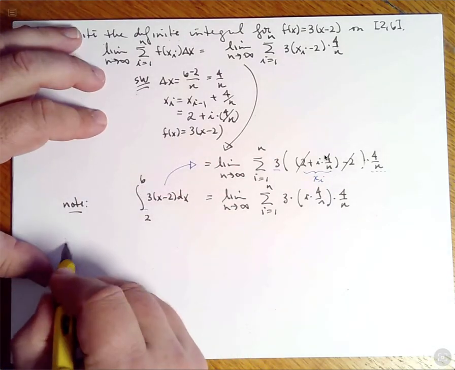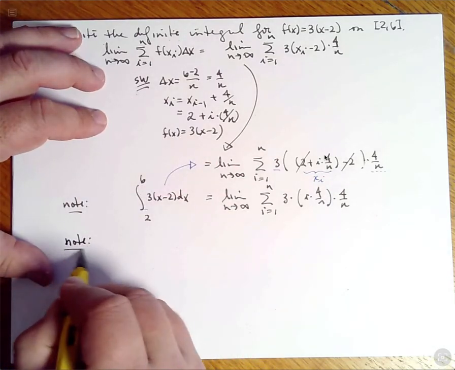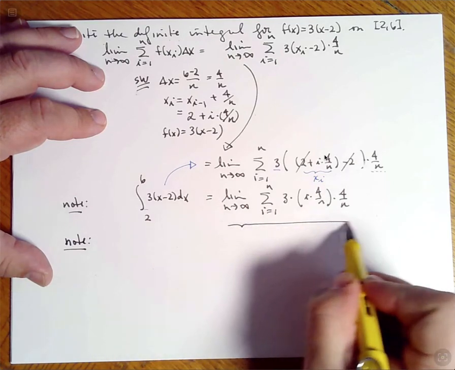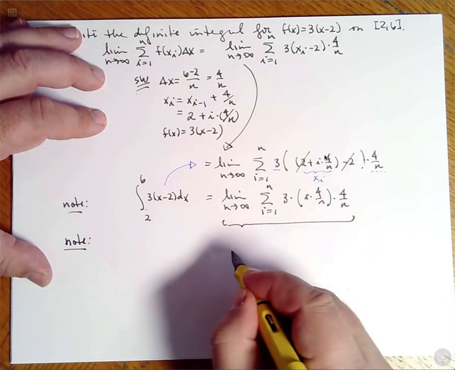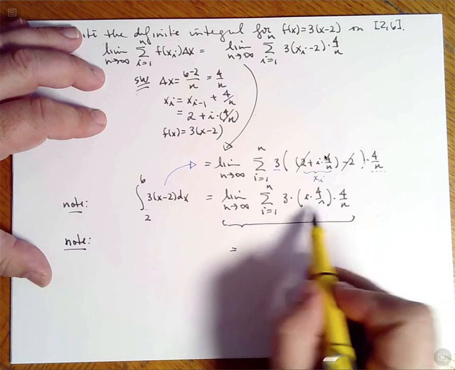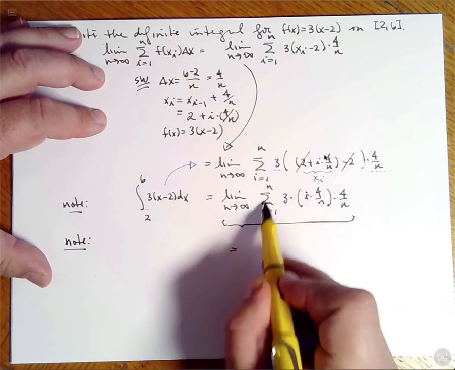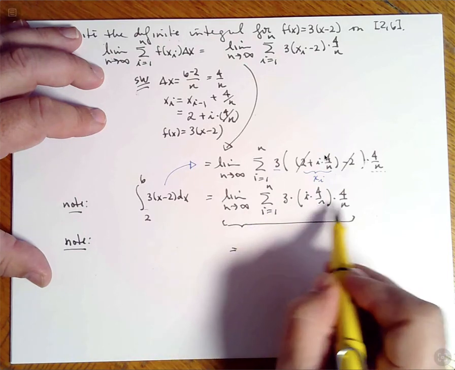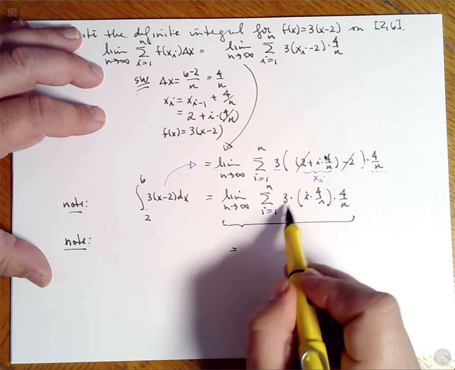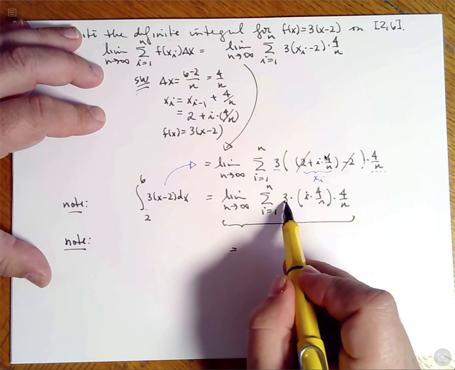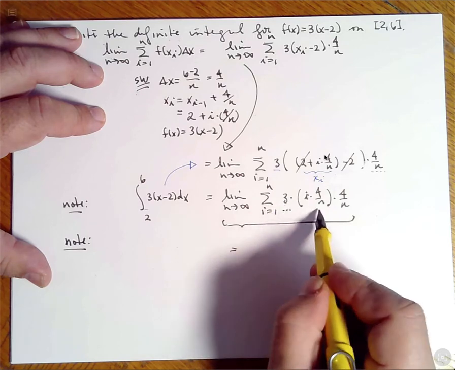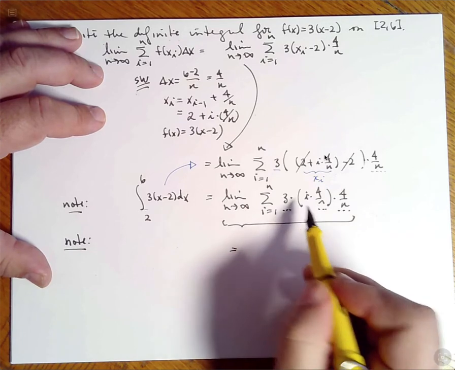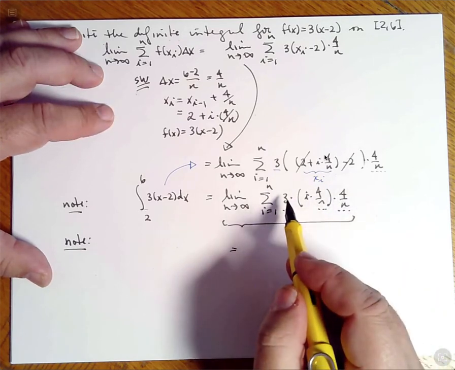So my second note is this. Let's look at this and take it a step further, because we can. Here I've got my index for my summation. And here I've got a 4 over n, and here's another 4 over n. And here's a 3. These three things are in every term, every summand, so I could factor them out.